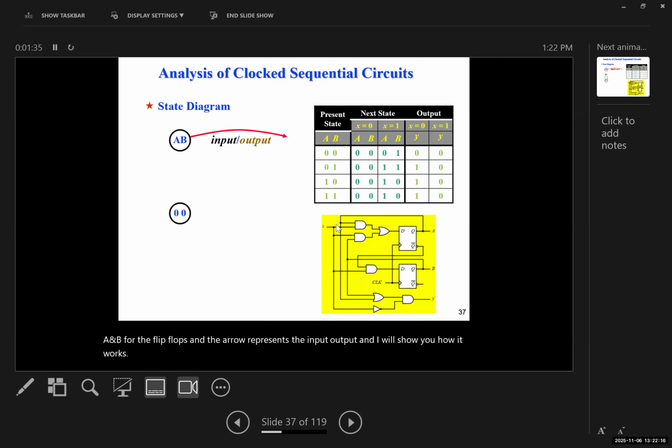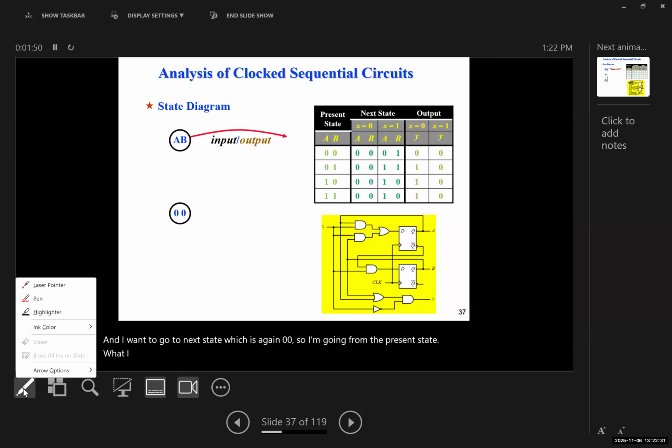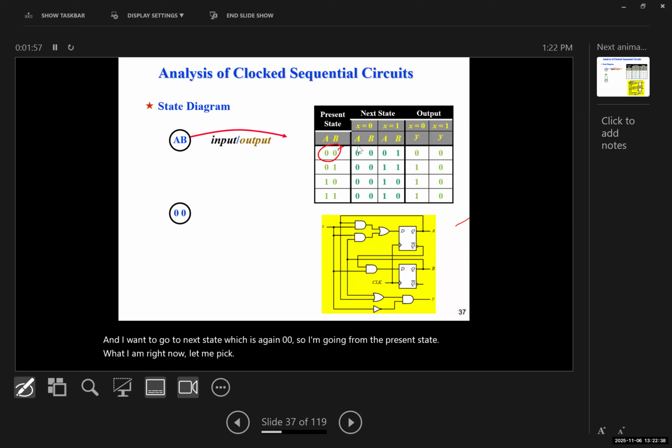So for example, imagine my present state, A and B, is 0, 0. And I want to go to the next state, which is again 0, 0. So I'm going from the present state, what I am right now, from 0, 0 to 0, 0. If I want to go from 0, 0 to again 0, 0, what is my input?